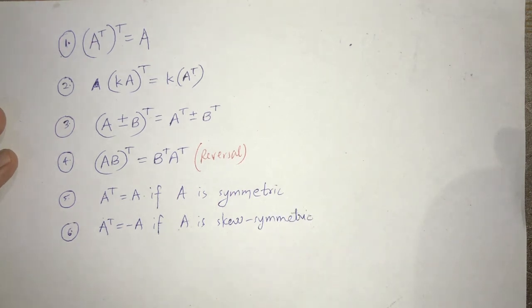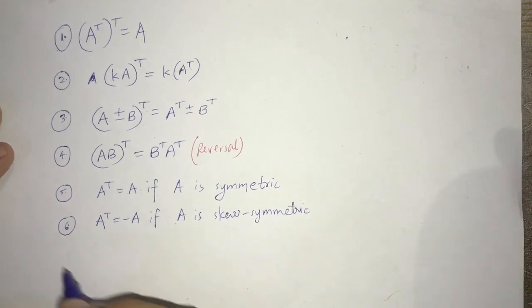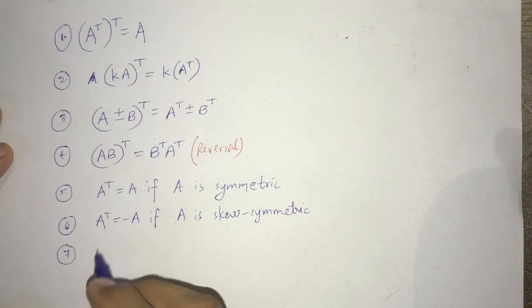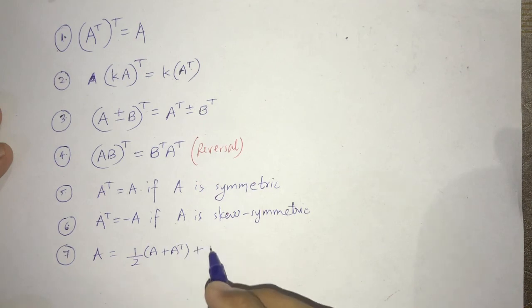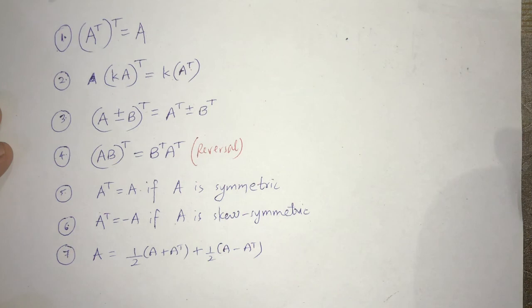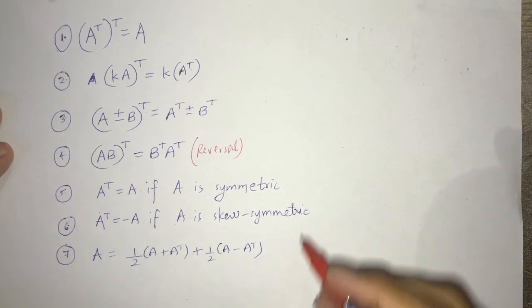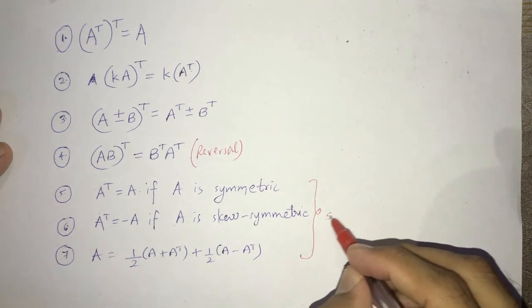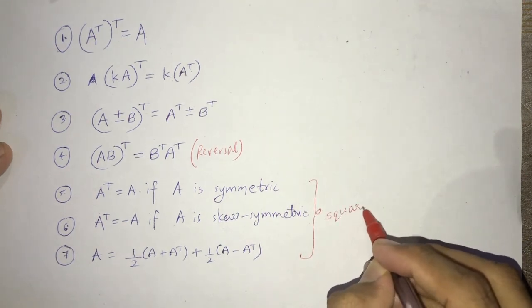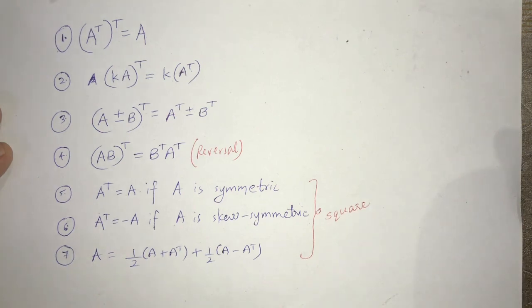Seventh, A can be written as sum of a symmetric and a skew symmetric, every square matrix. So this I'm talking about all the square matrices. For these particular three properties, where we talk about symmetric and skew symmetric, we are talking about square matrices.